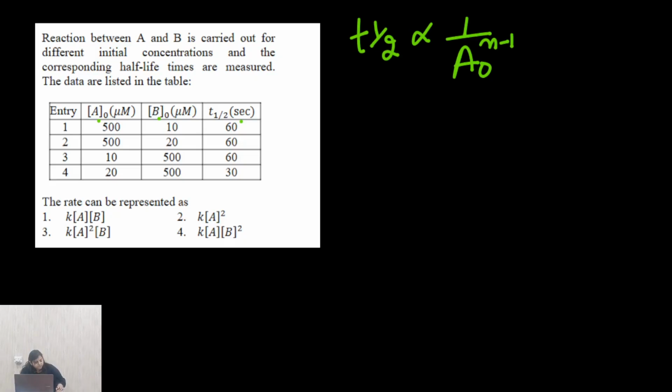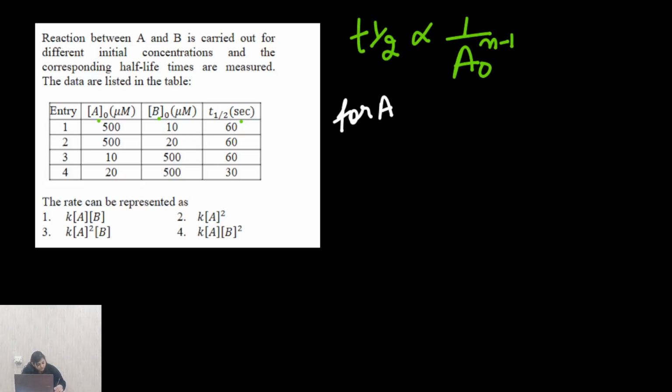So for A and B, we have to find the dependency, that is the order with respect to A and B. So for A, firstly, this is the ratio variation method, you have to use it. So choose the data for B in such a way that it remains constant and A's concentration is varying.